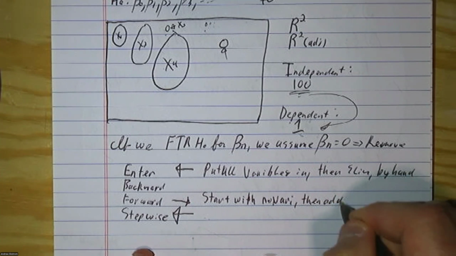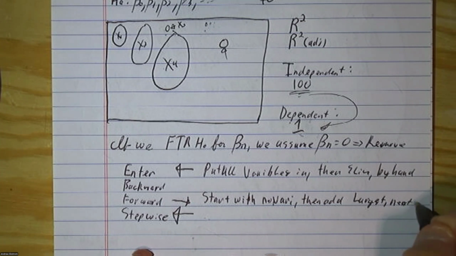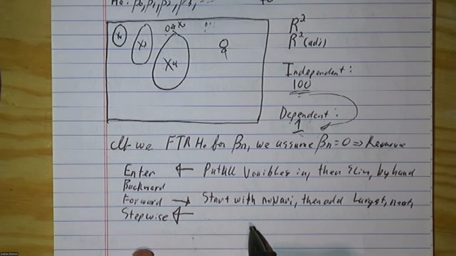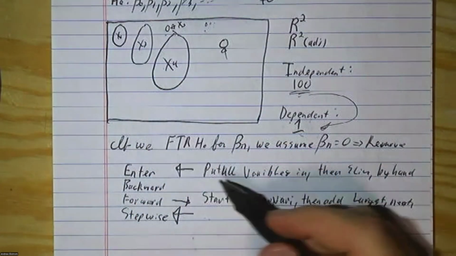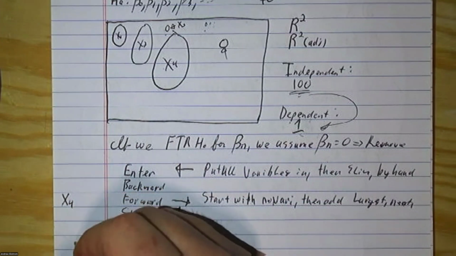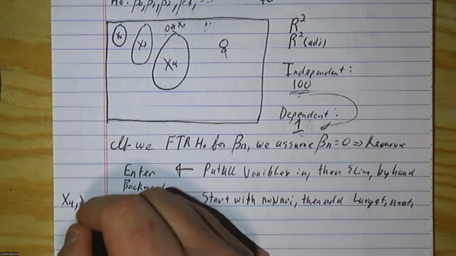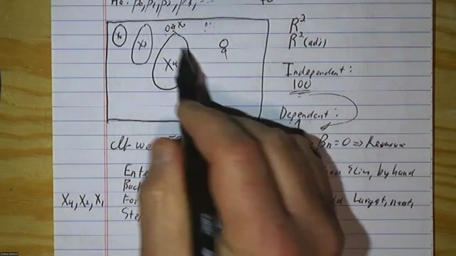Then add largest, next largest, etc. And we look at whether or not these terms seem to be statistically significant. So if we look at the information that we have up here, what would end up happening is we'd have, say, x4 come in, then x2 come in, then x1 come in.